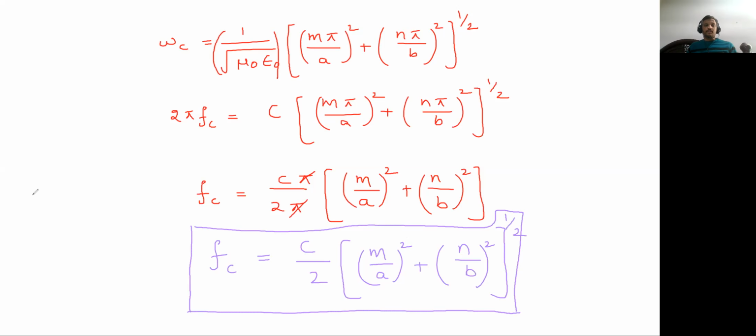Now here c will always be expressed in terms of centimeters per second. I'll tell you why. 3 into 10 power 10 centimeters per second, to make the problem simpler.